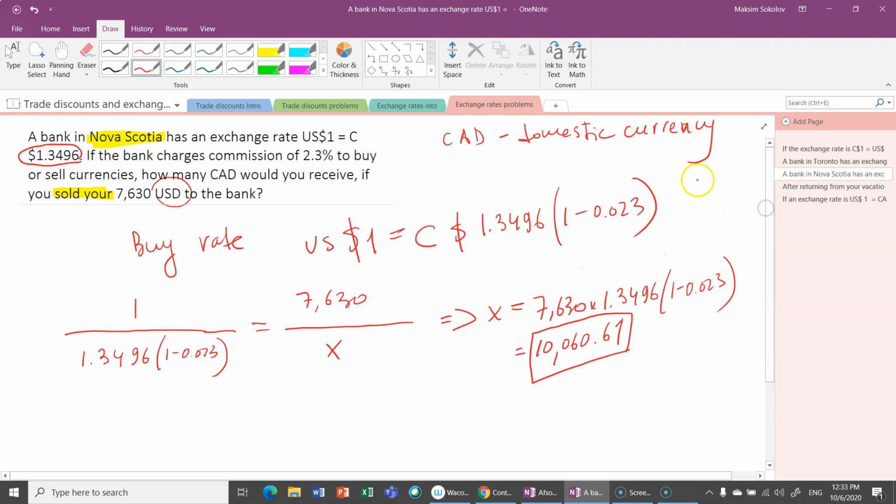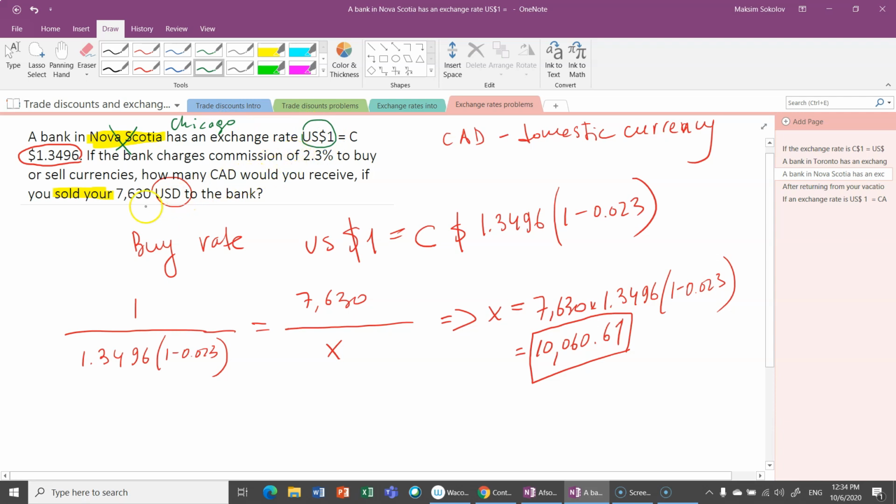All right, so actually, let's analyze this problem again, asking this question. What if the bank is not in Nova Scotia, but let's say in Chicago? So we have the bank in Chicago, which means that the domestic side is now USD dollars.